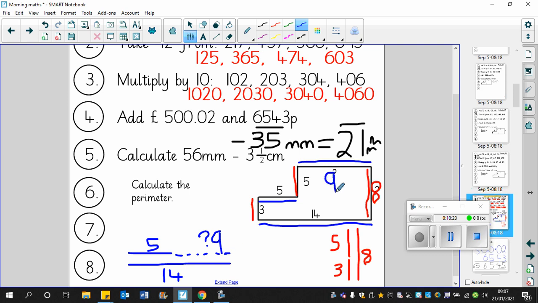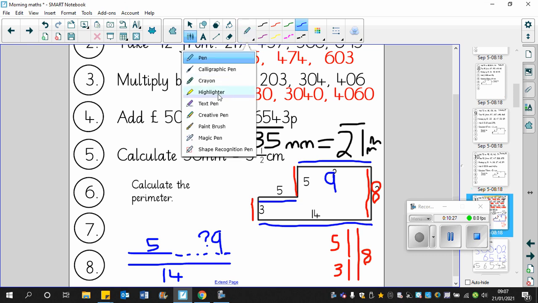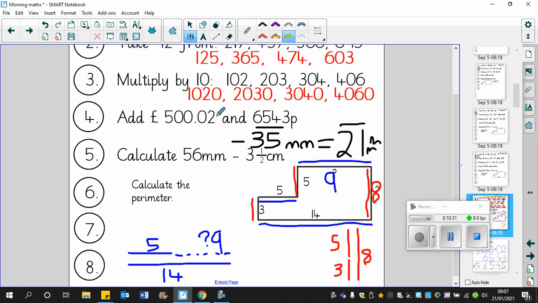There we go. And right, what color pen shall we use this time? Creative pen. This one. This is very good. Okay, so we'll start on the bottom left-hand corner of the shape. Here we go. 14.